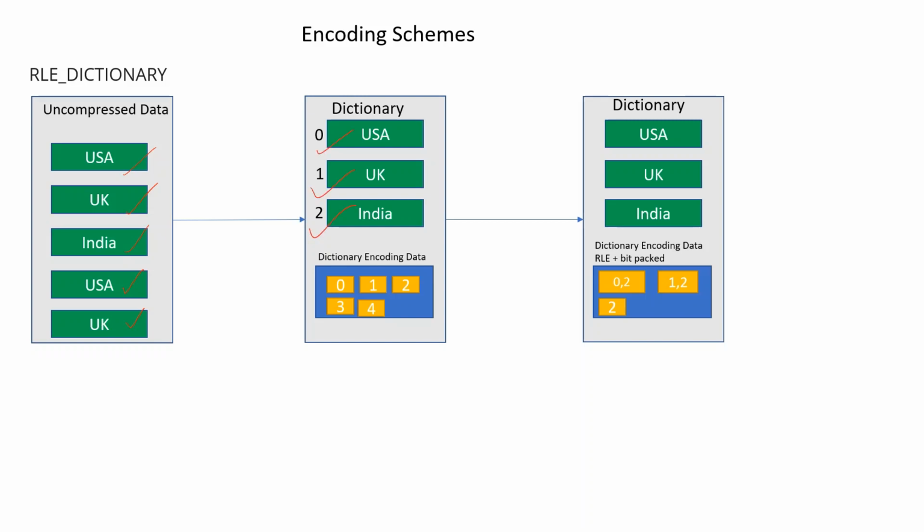Once we store this dictionary encoding, we have 0, 1, 2, 0, 1, 2, 3, and 4. Now, for the encoded data, USA came 2 times, so 0 to 2, UK came 2 times, so 1 to 2, and India came 1 time. This is how the RLE dictionary works. So this is your encoding scheme. There are 6 different kinds of encoding schemes. We'll talk about them in the next slide.